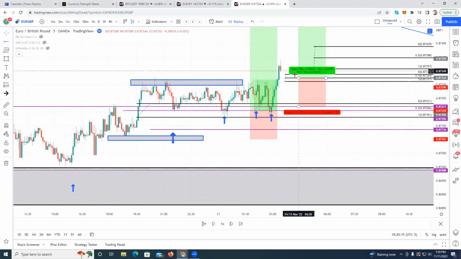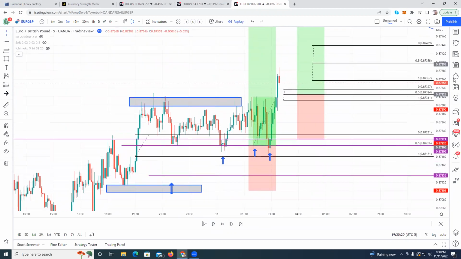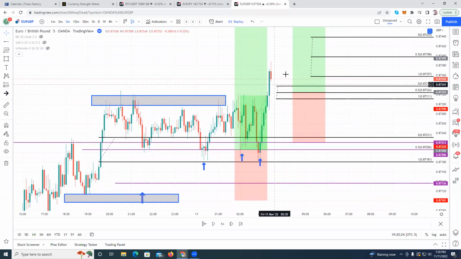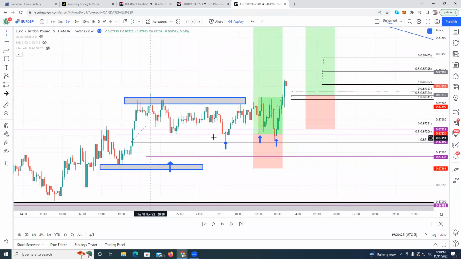Price just finally created a new high. So if this is our new high and price is finding support at this area, what is this area now?